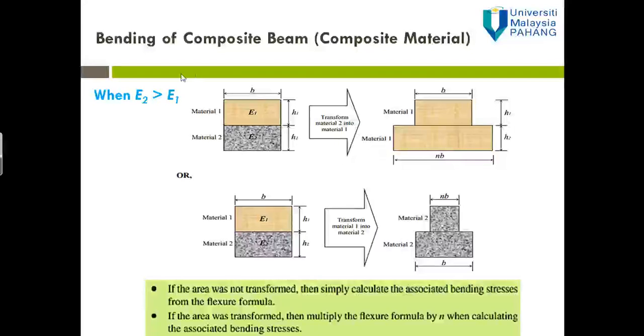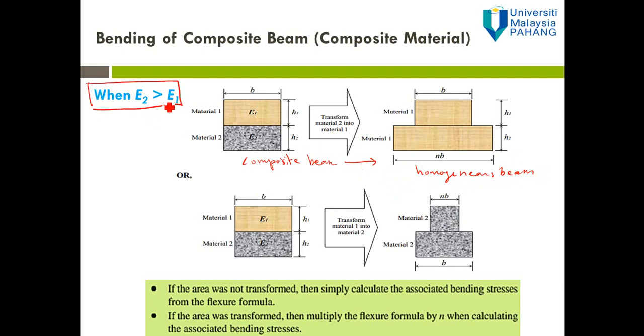So this is the illustration of how we transform the composite beam into an equivalent homogeneous beam. Let's say E2, the Young's modulus for material 2, is bigger than the Young's modulus of material 1.